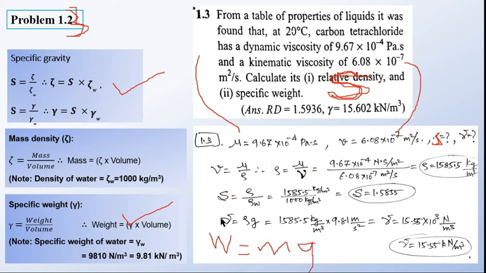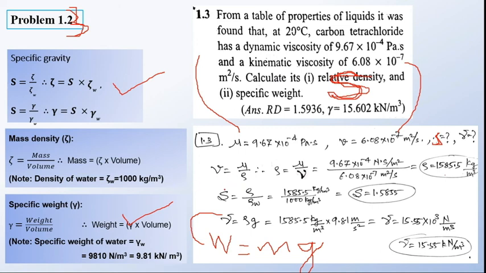So if you divide on both the sides by meter cube, W per meter cube is gamma, mass per meter cube is rho. That's how this equation comes. W equal to m into g, everyone is aware of. Now the same thing can be written as gamma equal to rho into g. Of this, rho is already known, so from rho and g I can evaluate gamma.